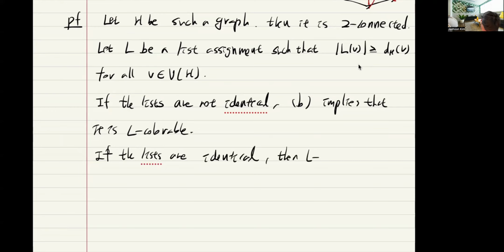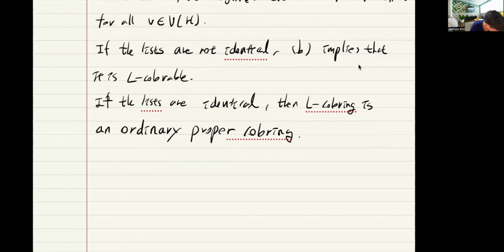Then this L-coloring is just a proper coloring. So we can use two colors if H has no chord.